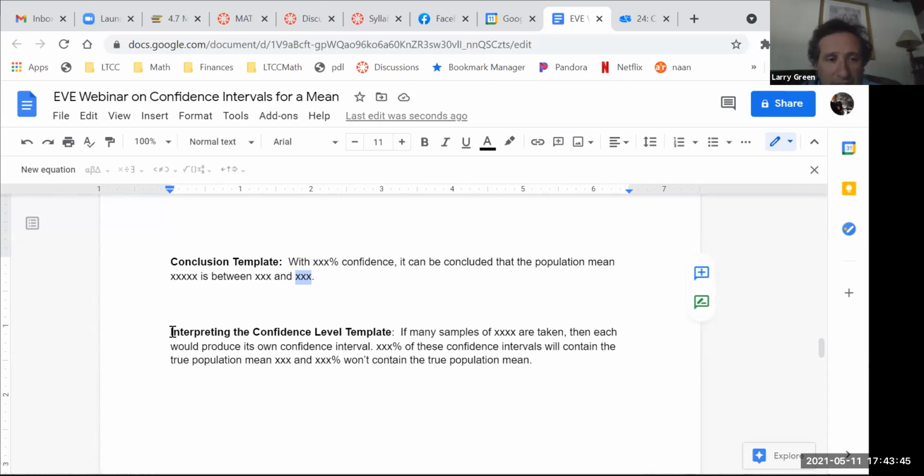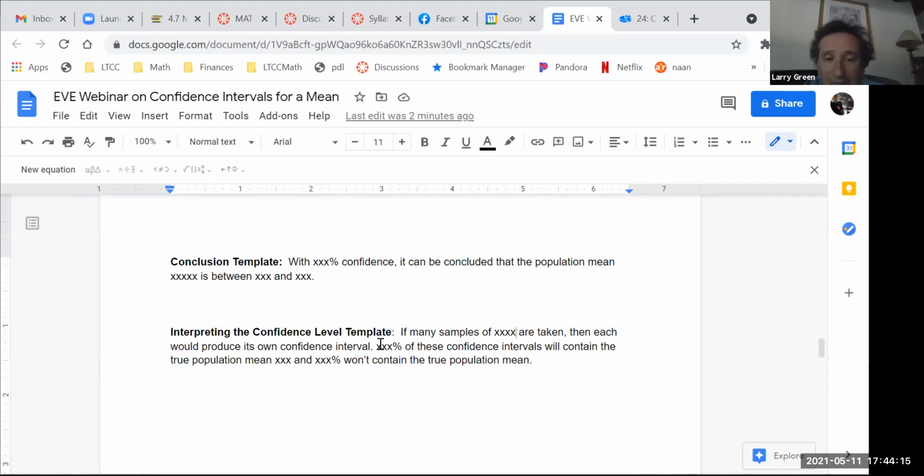Okay, then there's the interpreting the confidence level template. That's interpreting that 95. What does it mean to be 95% confident? Or 95% is a probability. What's the probability of? And what it is if many samples of whatever, okay? So that could be 13, which is what we had. So 13 stats-related students are taken. Then each would produce its own confidence interval.